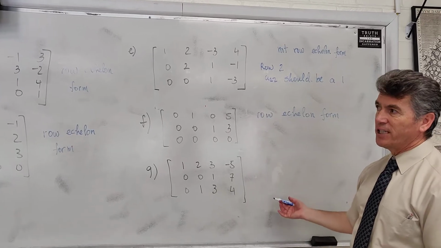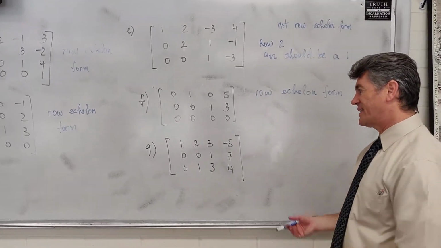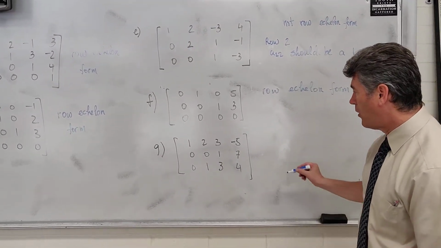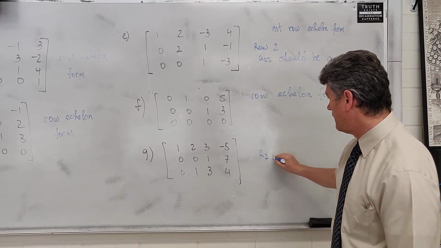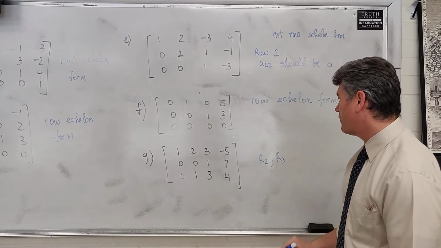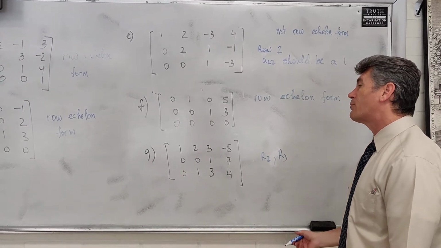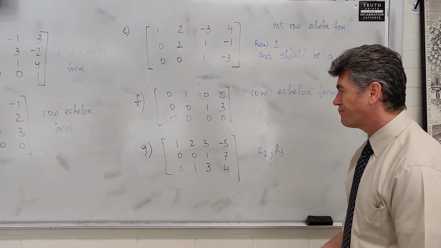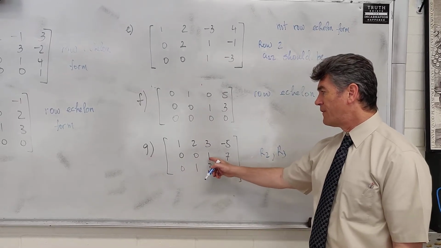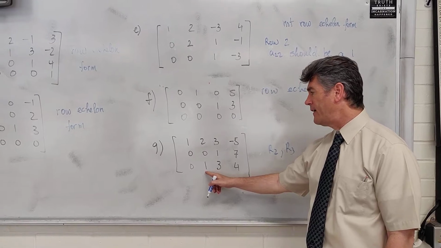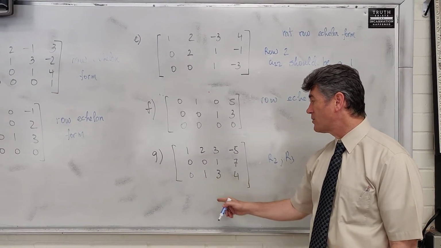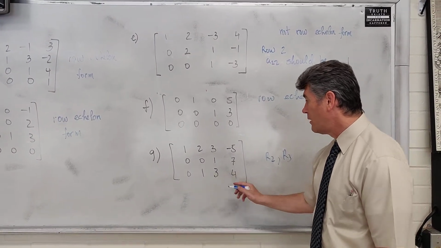Let's take a look at the last one. This example is not in your book. There's a problem with row 2 and row 3. Can you see what the problem is? The first non-zero entry in row 2 is a 1. The first non-zero entry in row 3 is also a 1. What's the problem?